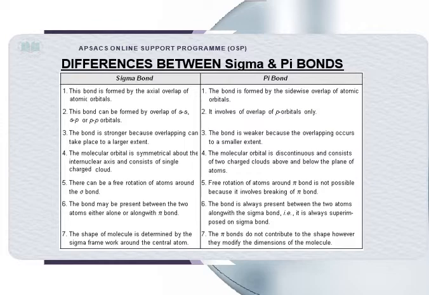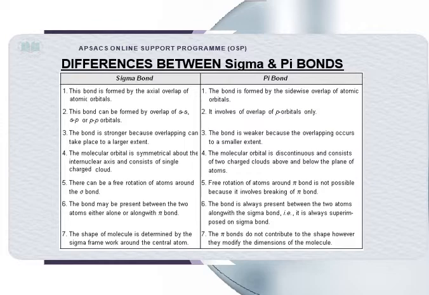Here one sigma and one pi bond both are present. So pi bonds are not determining the shape, but they are modifying the molecular shapes, right? The dimensions of the molecule, as the two bonds will be considered in the same direction, right? So that's one. Now this is all about the difference between sigma and pi bonds.